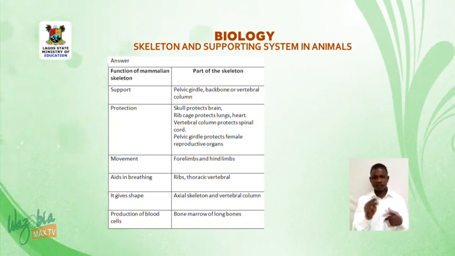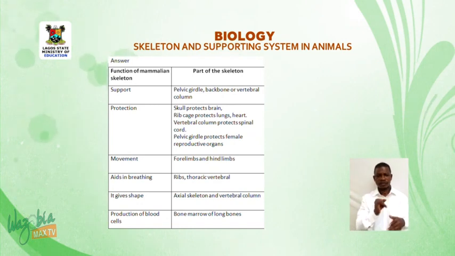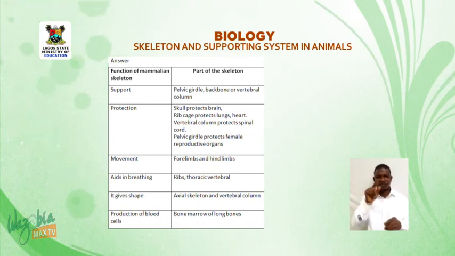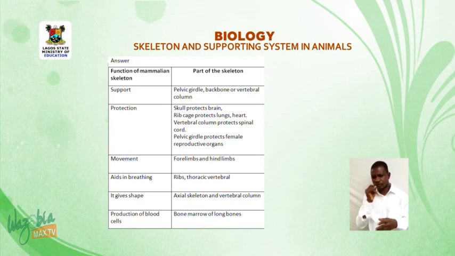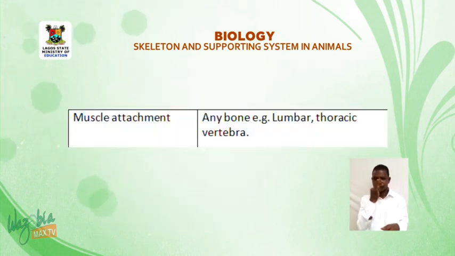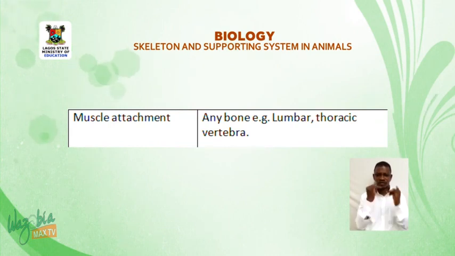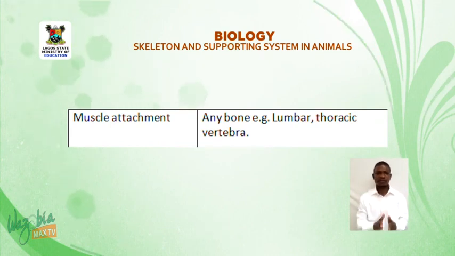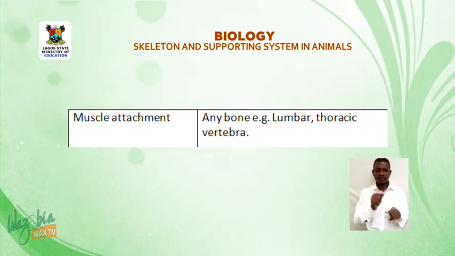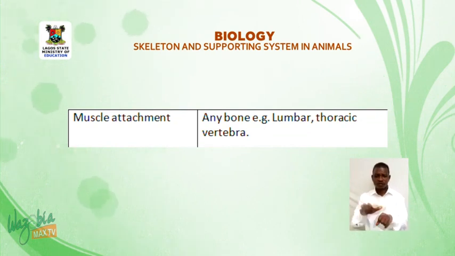Production of blood cells, part of skeleton: bone marrow of long bone. Muscle attachment, part of skeleton can be any bone such as lumbar, thoracic vertebra.